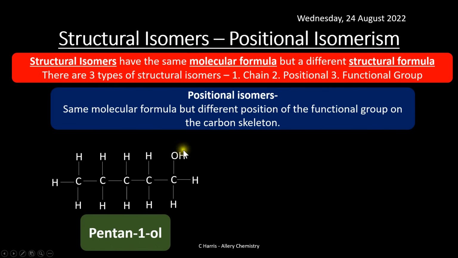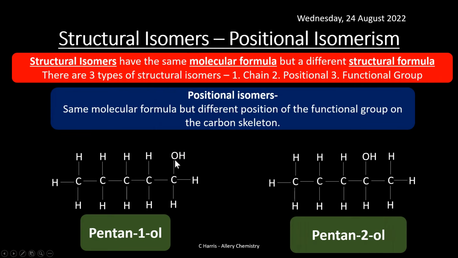So you've got an alcohol group here, and that's on the first carbon there. If we look at its isomer, this is pentan-2-ol. So all we've done is we've kept the same chain, it hasn't changed, but the alcohol group has moved from carbon 1 to carbon 2. Still the same functional group, it's just changed the position on the chain. So that's what we call a positional isomer.